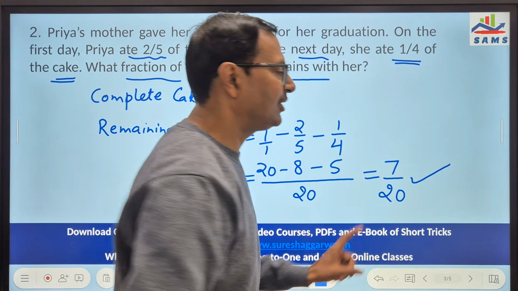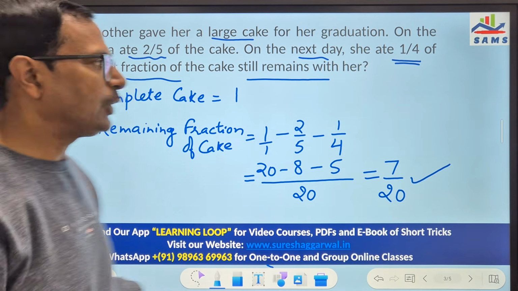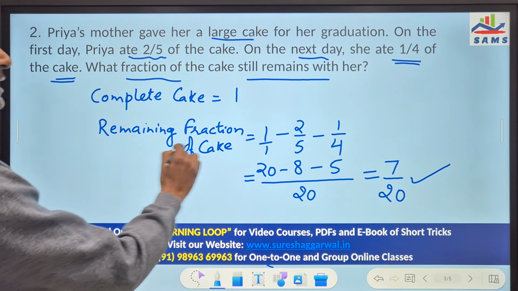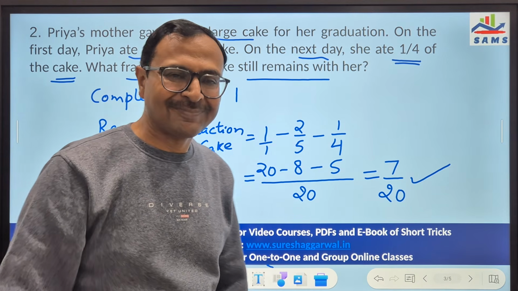This fraction of the cake is still remaining with her after 2 days. So you can see how the mathematical formulation was done. This is the maths of the problem.